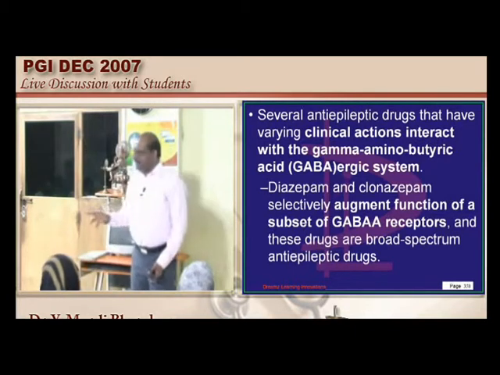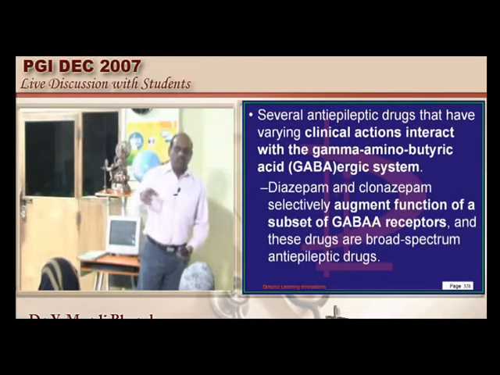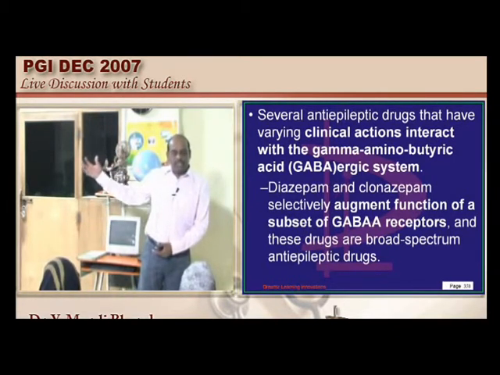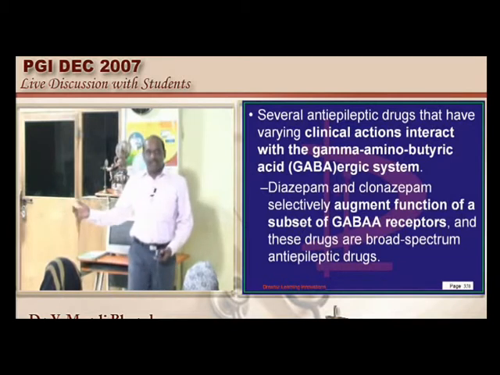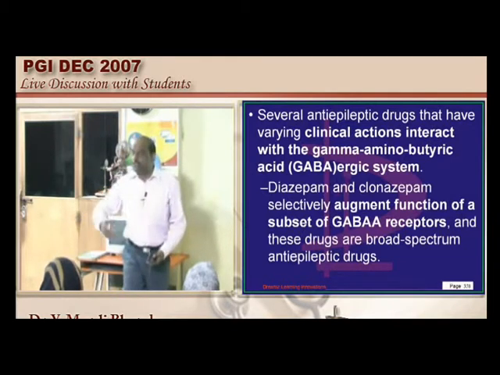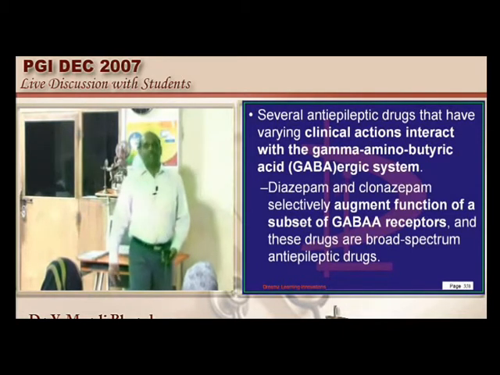Now what is the relation between the calcium channel blockade and the absence seizures, doctor? What is the part of the brain which is important for the absence seizures? Thalamus. There is a high density of these calcium channels in the thalamus, and because the drug ethosuximide is capable of blocking it, it is capable of stopping the absence seizures, is what needs to be remembered.